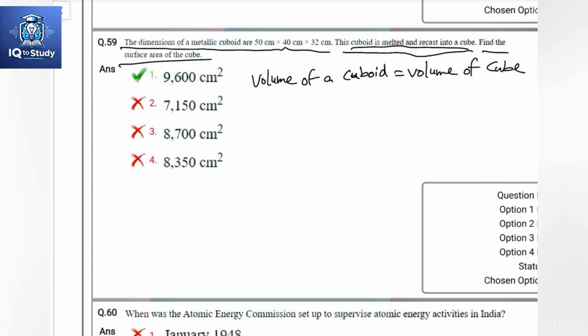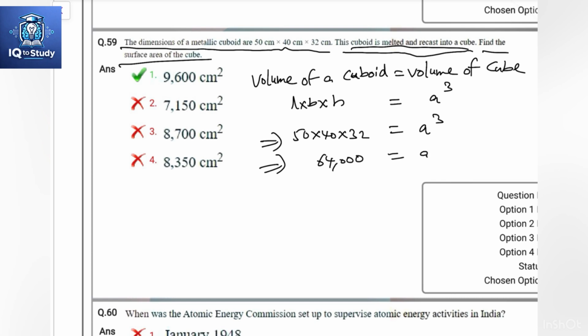We know that the volume of cuboid formula is L into B into H and volume of cube formula is a cube, which means 50 into 40 into 32 is equal to a cube, which implies 64,000 is equal to a cube, means a is equal to cube root of 64,000, that is equal to 40.